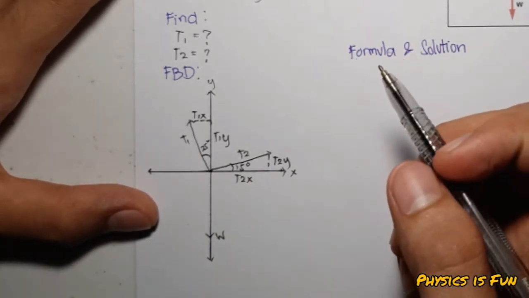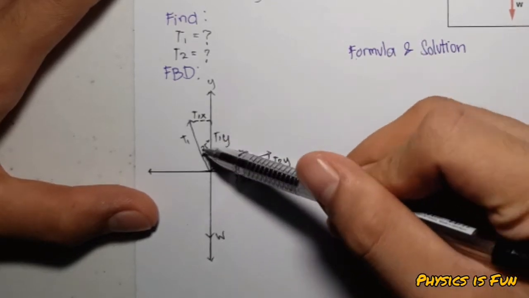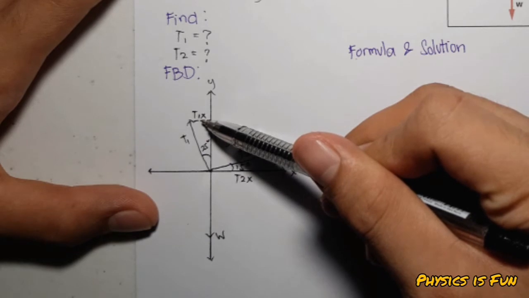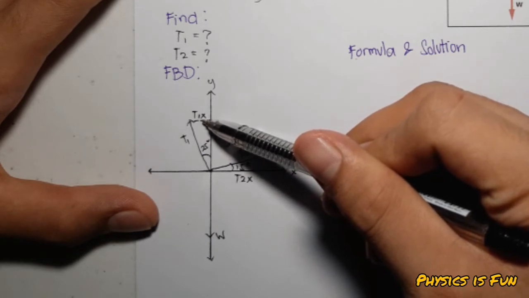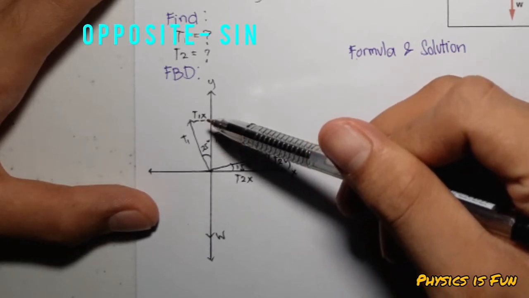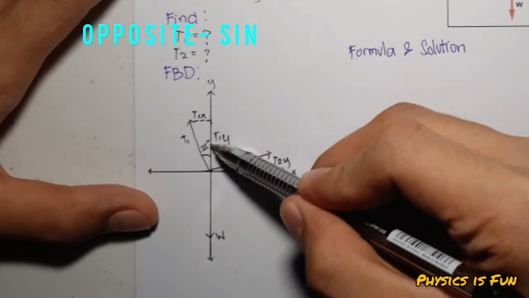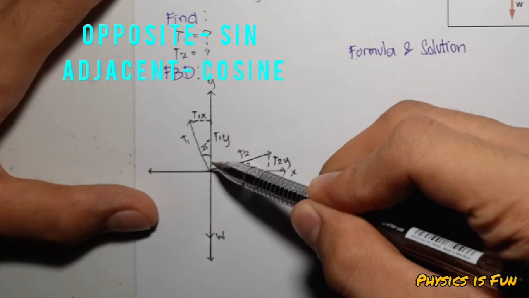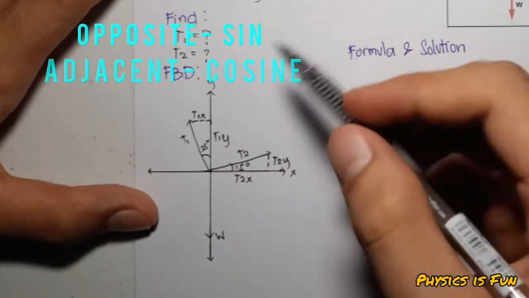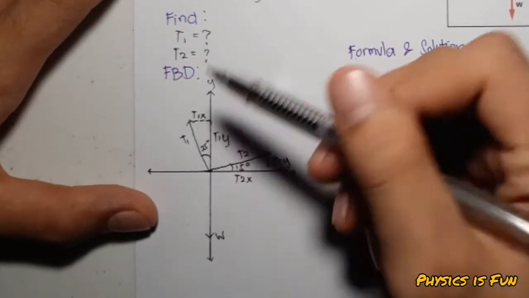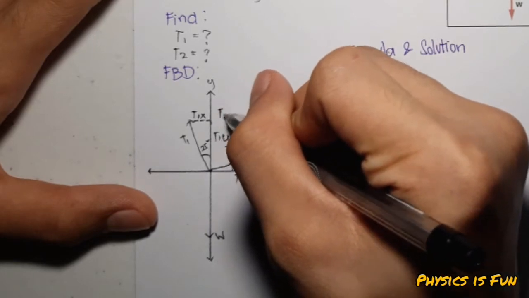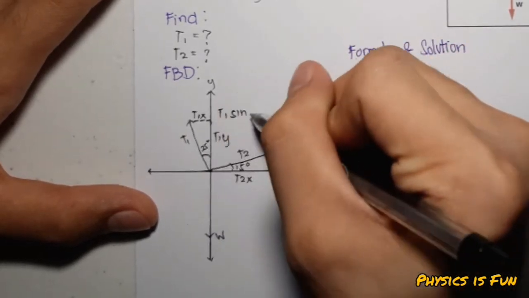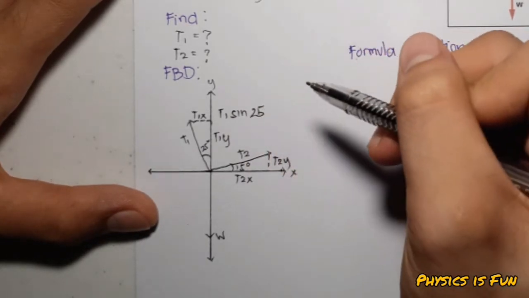According to trigonometry, when the angle is opposite to the component, that will be sine. If it is adjacent to the line we are pertaining to, we will use cosine. Like this, since it is opposite, we will use T1 sine theta, wherein theta is the angle, so it will be 25.